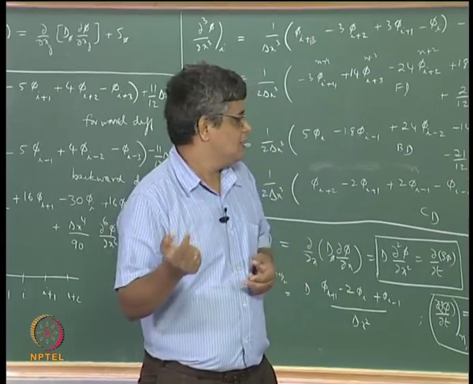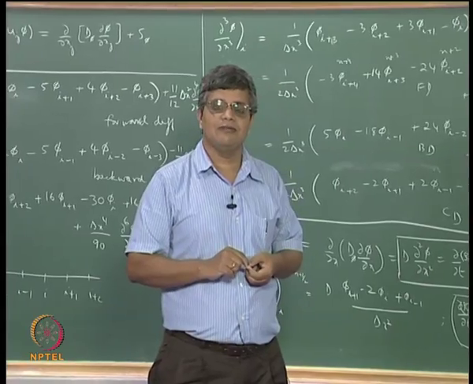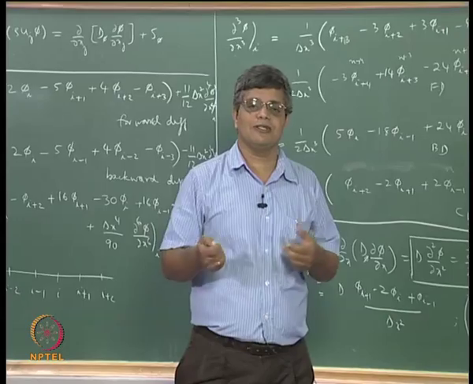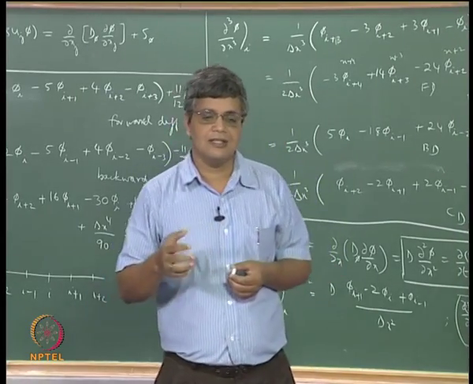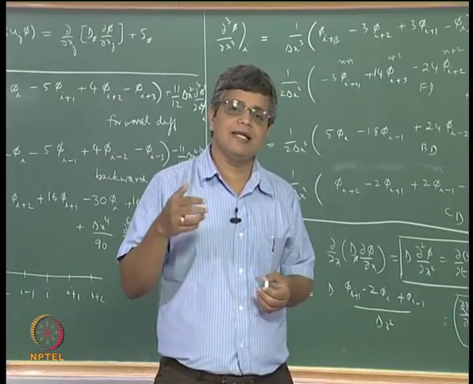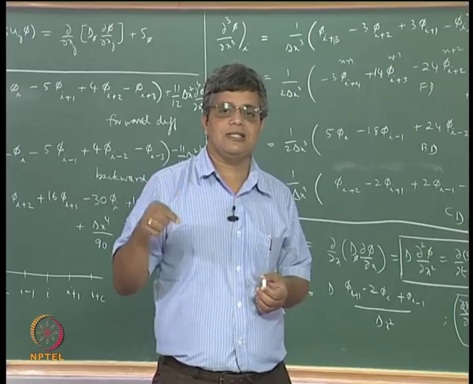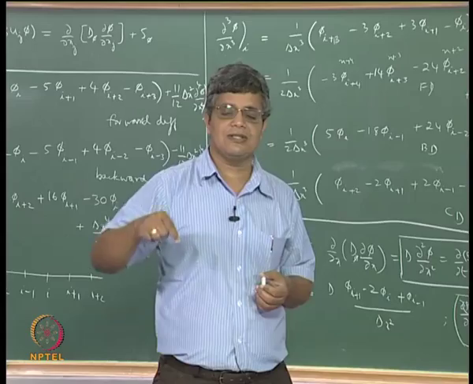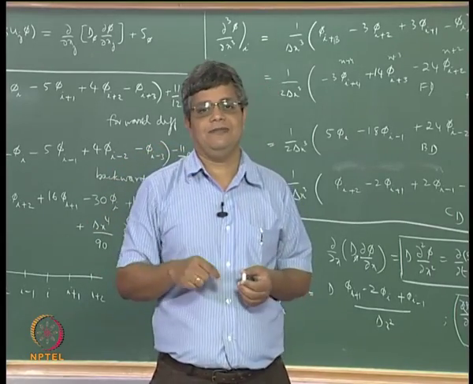And when we look at the time derivative, we also make a choice between an explicit method or an implicit method or a combination of these methods. So by making these deliberate choices, we can convert a partial differential equation into an algebraic equation which is an approximation of the governing equation at each discrete point in time and space.